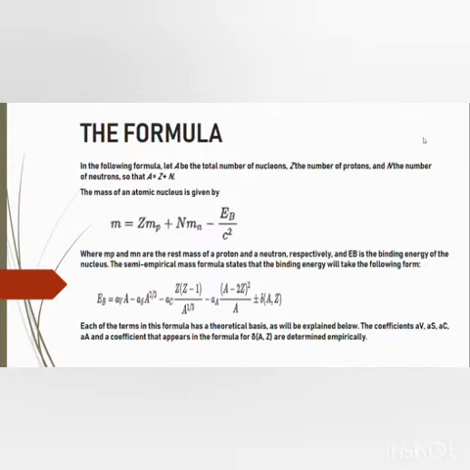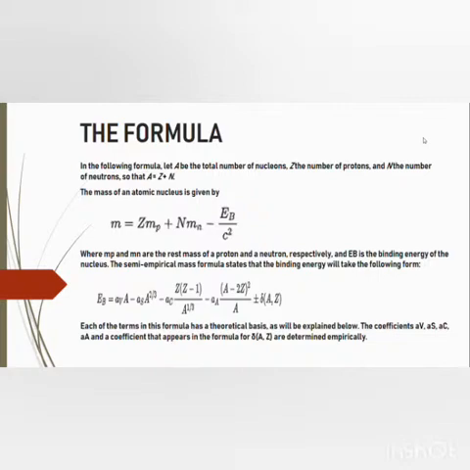The semi-empirical mass formula states that the binding energy will take the following form: Eb = aV A - aS A^(2/3) - aC Z(Z-1)/A^(1/3) - aA (A-2Z)²/A ± δ(A,Z).